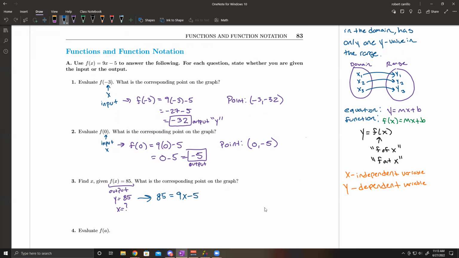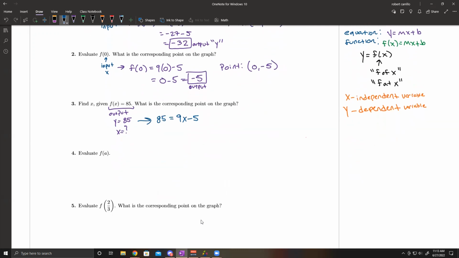And now all we have to do is solve for x. So I will add 5 over and get 90 equals 9x. Divide by 9, divide by 9, and 10 equals x. There it is. There's our input. So 10 equals x.